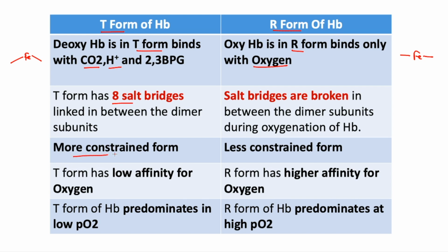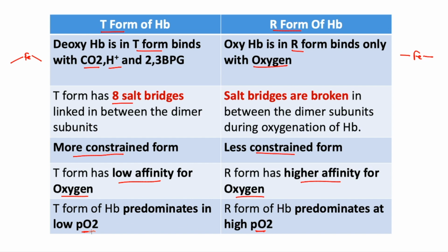T form is a more constrained form, whereas R form is less constrained. T form has low affinity for oxygen, whereas R form has very high affinity for oxygen. T form of hemoglobin predominates at low PO2, whereas R form of hemoglobin predominates at high PO2.